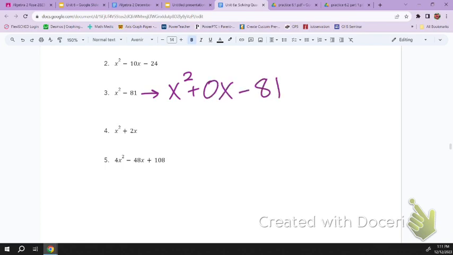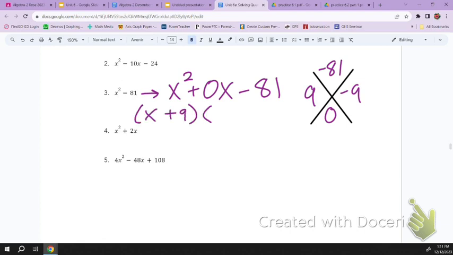So then when we make our giant X, we're thinking about what two things multiply to be negative 81 and add to be 0. 9 and negative 9. So I've got X plus 9 times X minus 9. So my B term is missing.